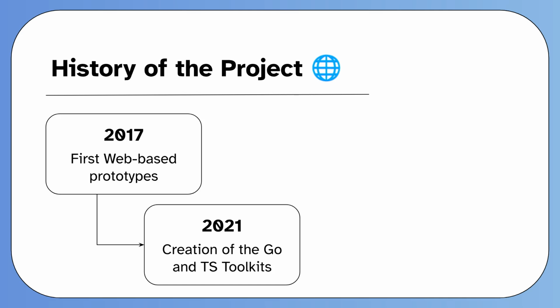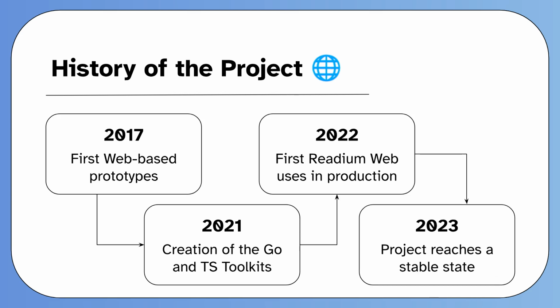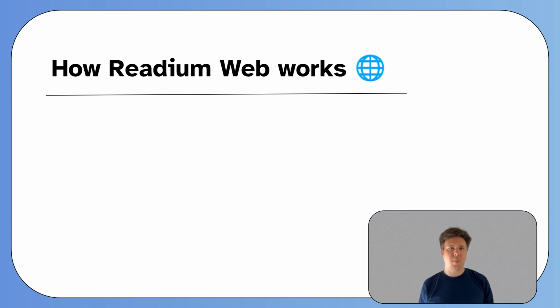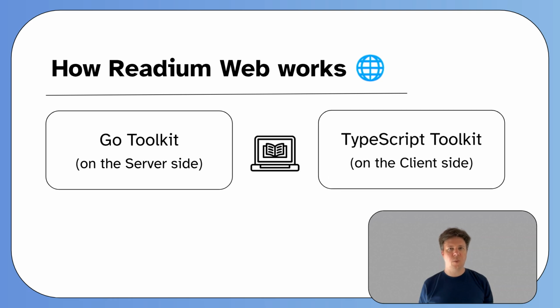Early versions of the toolkit have been used in production since 2022, and the project itself reached a fairly stable state by mid-2023. A typical implementation of Radium Web uses the Go toolkit on the server side and the TS toolkit as the rendering engine on the client side.